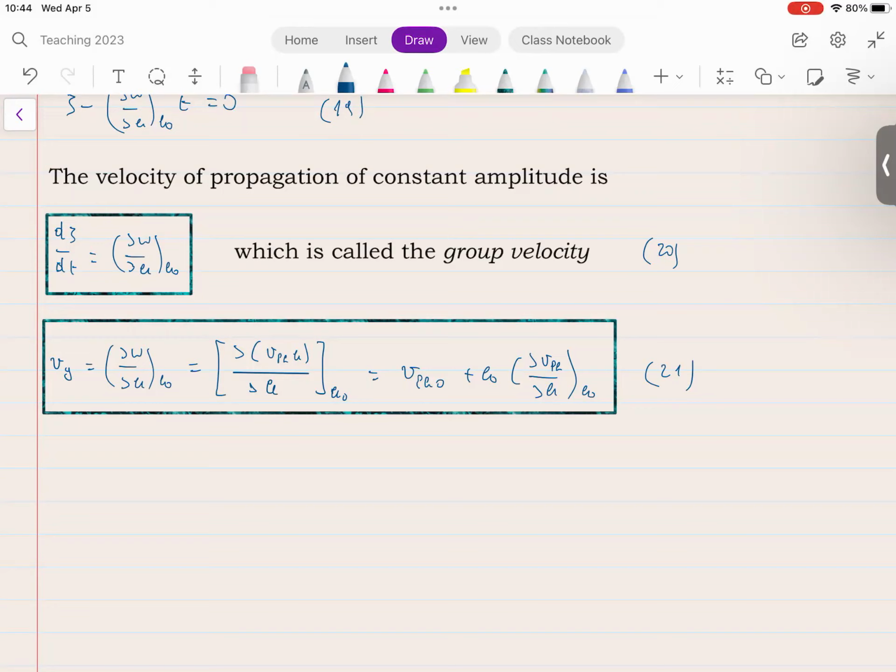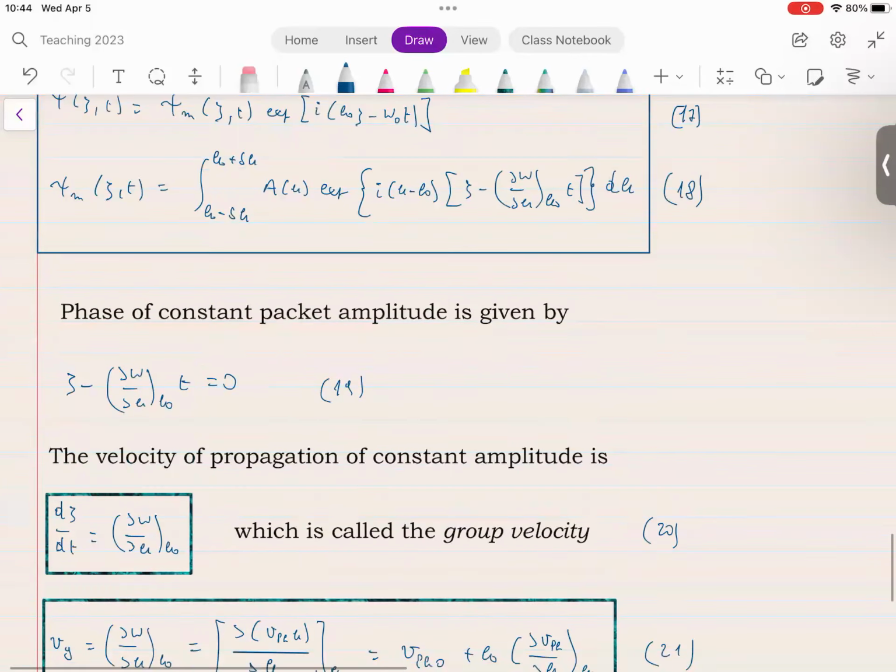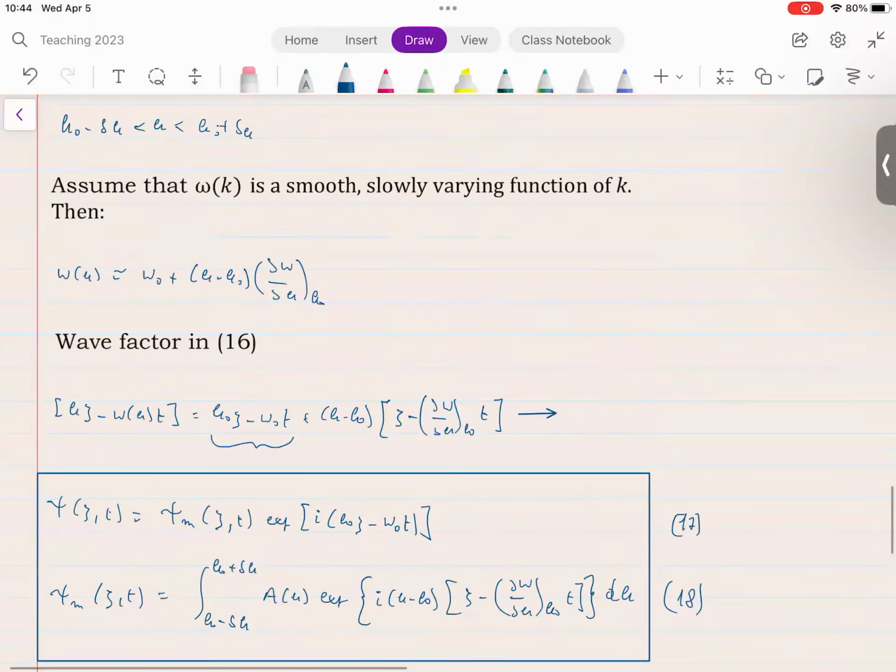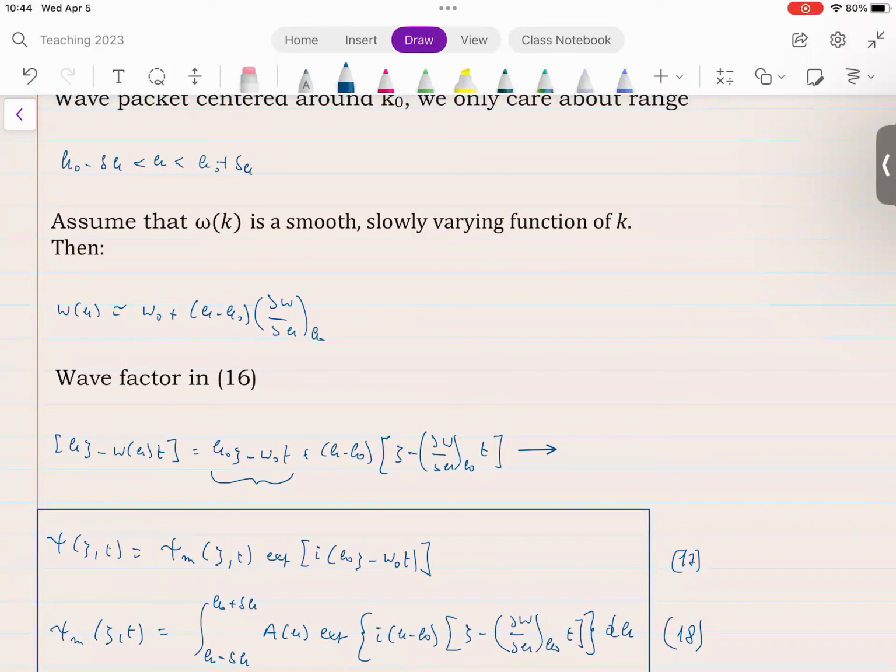I should also point out one last thing. In this derivation, we did the Taylor expansion for the wave packet, and we only kept the linear term in omega as a function of k. The result of doing the derivation in that way is that the wave packet may spread out, but it's not going to change shape.